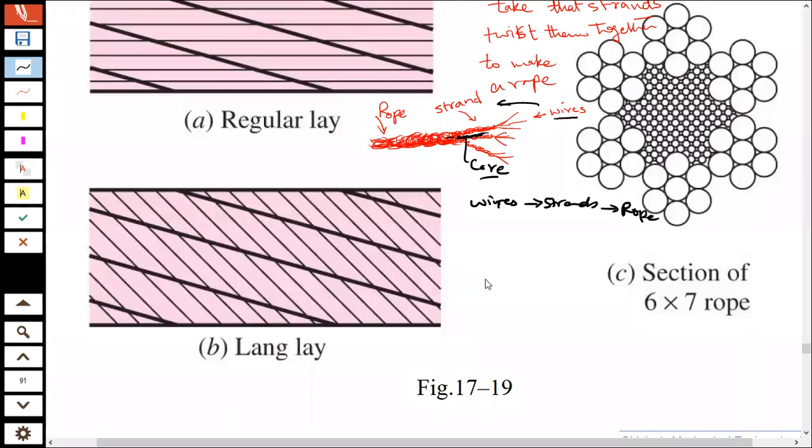Those are known as regular lay. Now, what is a regular lay rope? Is that you take wires and they are twisted in a certain direction.